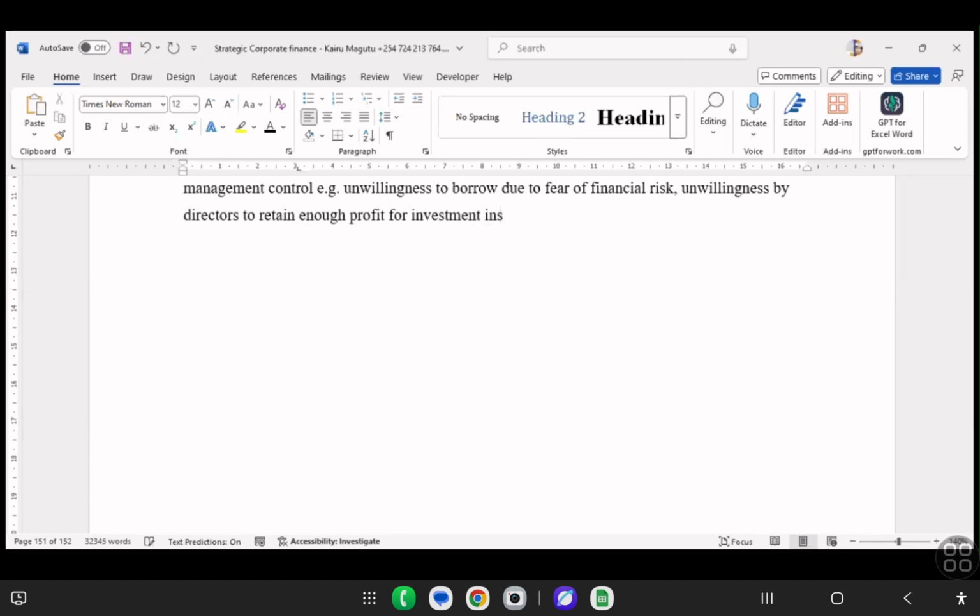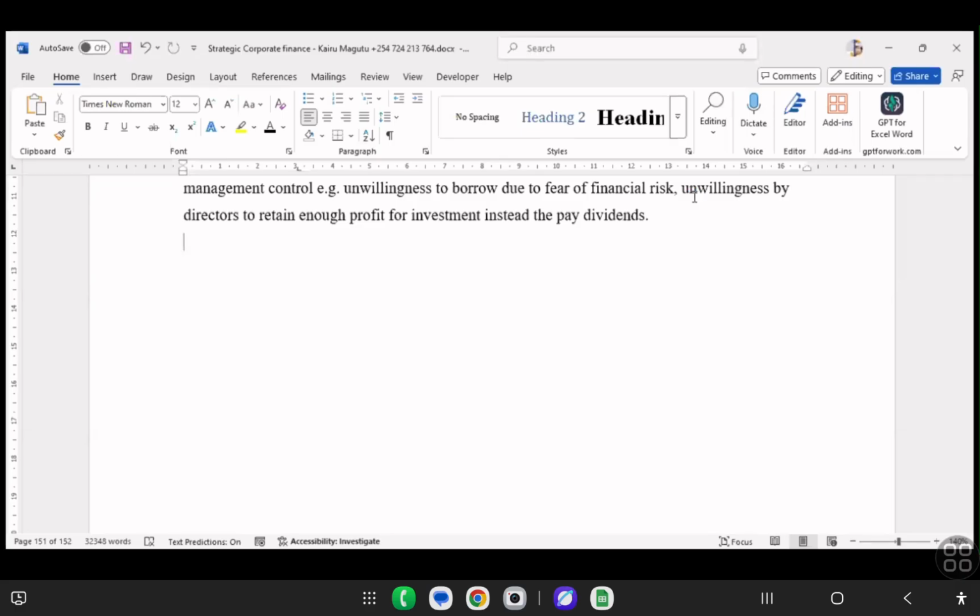Instead they pay dividends. So the directors decide that they will not retain capital to invest. They go and pay all the money in form of dividends. They are causing shortage of capital.